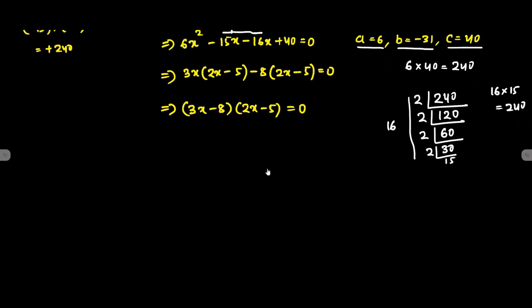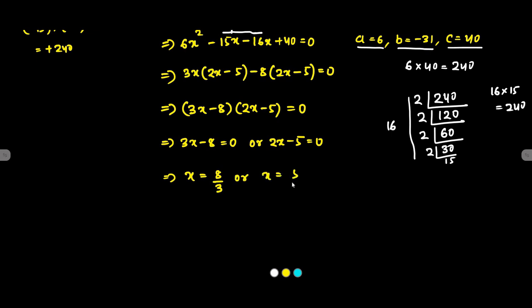That implies 3x − 8 = 0, or 2x − 5 = 0. That implies x = 8/3, or x = 5/2.